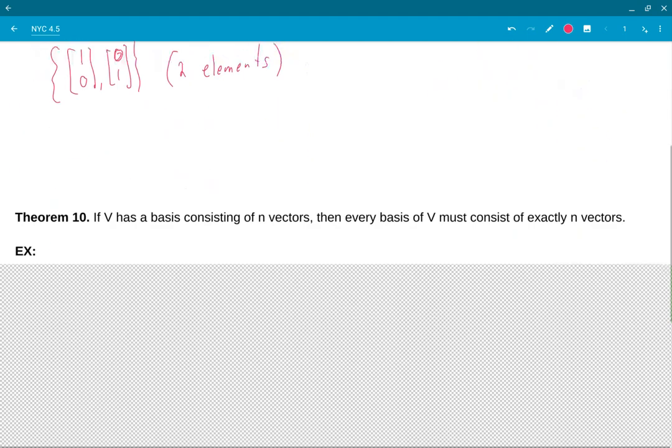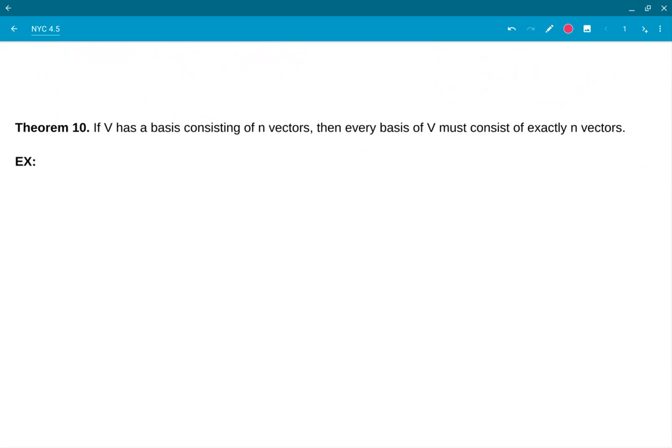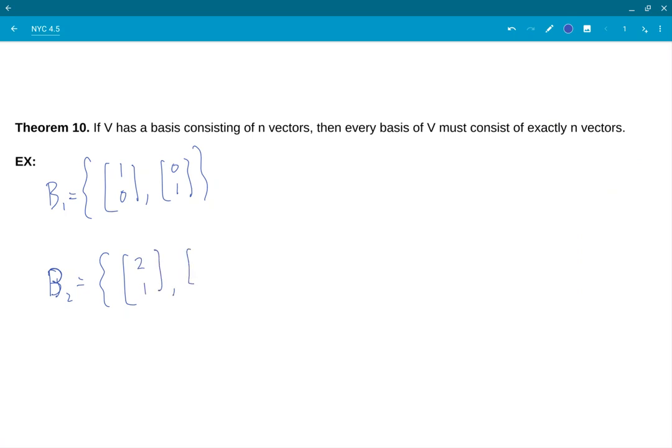So in R2, it's easy to see. You have the standard basis. Let's call that B1. B2: you can have 2, 1, 0, 1, 0, negative 1.